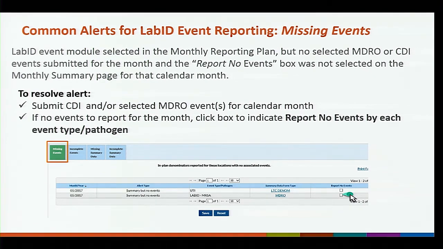But I would also need to delete that summary data. So if you don't perform surveillance for a month and you're not going to enter any events, then remember, do not enter a summary data page. So you would just enter nothing. Just be sure to save if you do click Report No Events here, and that will resolve that line item.